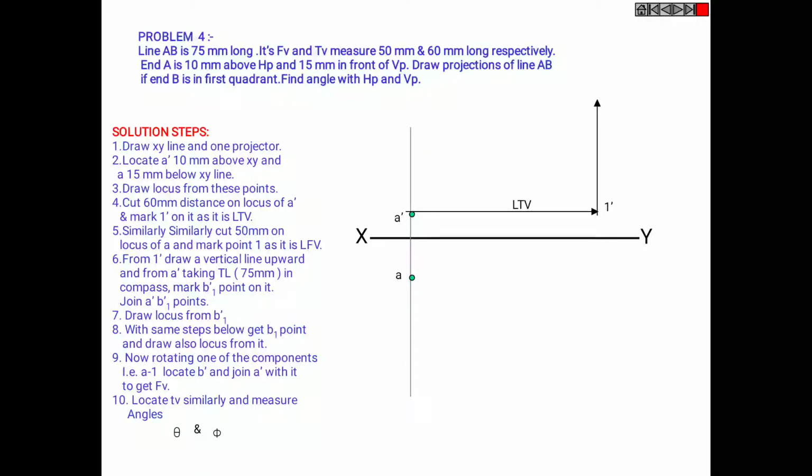Now cut 60 mm distance on locus of A dash and mark 1 dash on it, as it is the length of top view. Similarly, cut 50 mm on locus of A and mark point 1 as it is the length of front view.